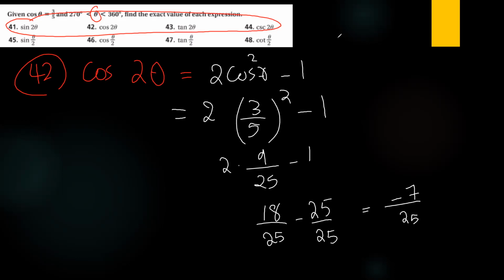So what is the cosine of 2 theta? It is negative 7 over 25. And if you ask yourself, since it is in quadrant 4, the cosine must be positive, but the answer is negative. So the answer will be negative.